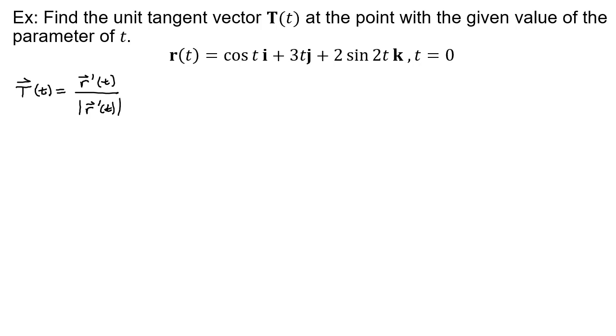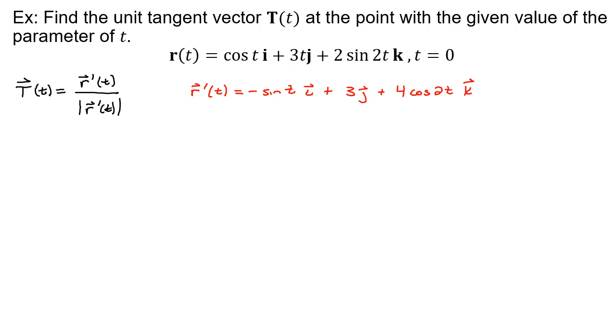And so I need to find the derivative of this. So r prime would be, derivative of cosine would be negative sine times i. 3t would be 3 times j. And 2 sine 2t would be 4 cosine 2t. Okay. So that would be my derivative.